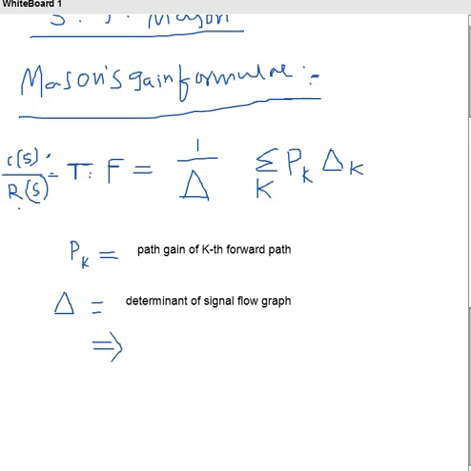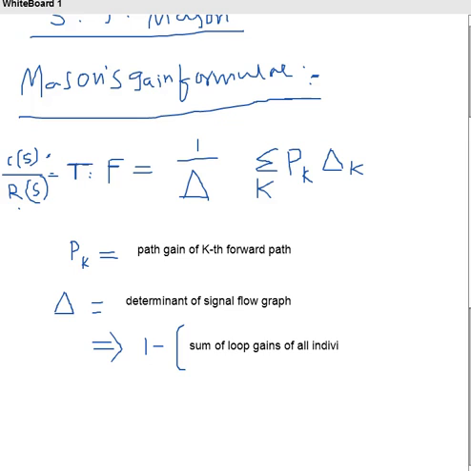So the determinant of the signal flow graph is 1 minus the sum of loop gains of all individual loops.